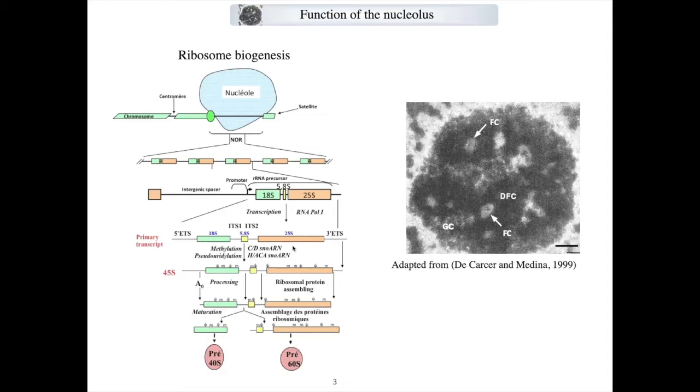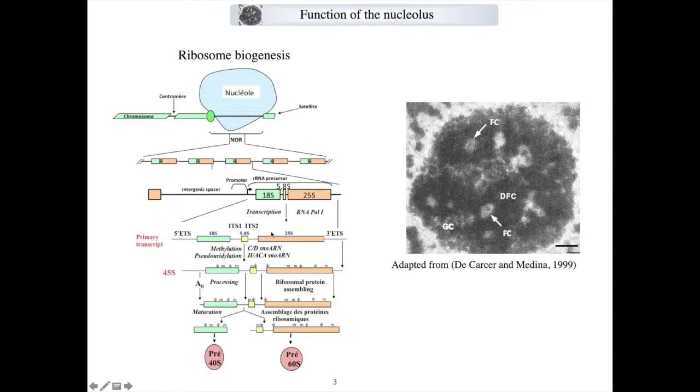This name, nucleolar organizer region, was actually coined by Barbara McClintock herself. We now know that this secondary constriction corresponds to the location of ribosomal RNA genes, which are organized as tandem repeats in this area. Each unit corresponds to an intergenic spacer and a region transcribed by RNA polymerase 1, which transcribes the long 45S precursor, composed of 18S, 5.8S, and 25S.